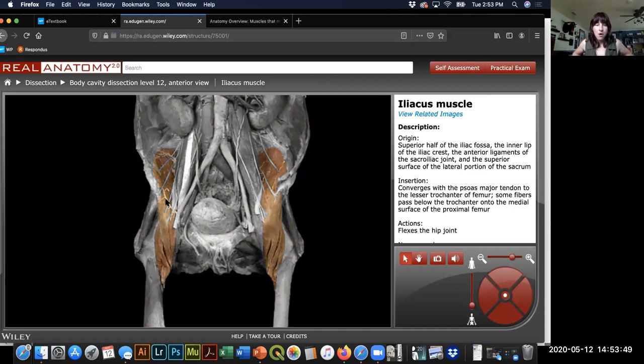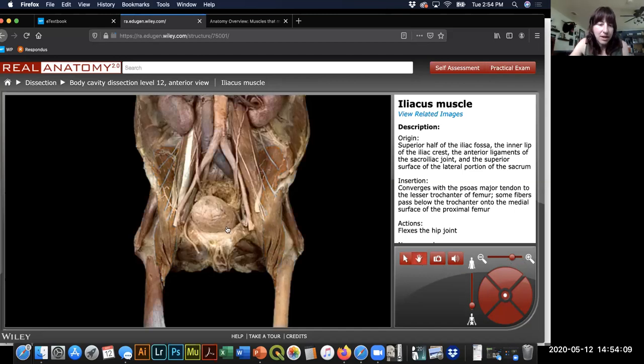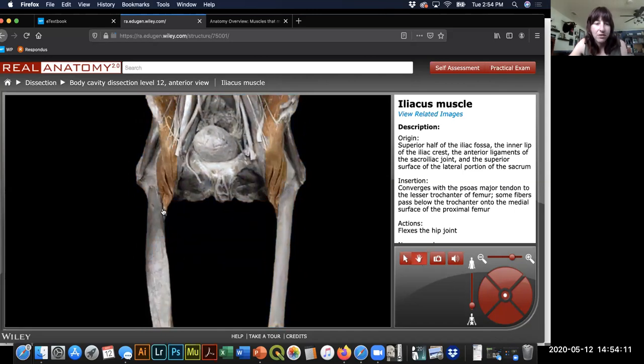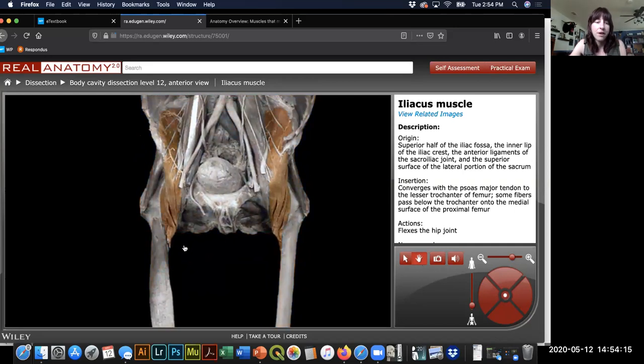All of your intestines and stuff are anterior to it. It comes up out of the pelvis over the ilium, right? Over the ischium, excuse me, okay? And then it wraps around and inserts up here at the upper mid femur, okay? So it's up here at whatever bone marking is here that we didn't specifically have to know.